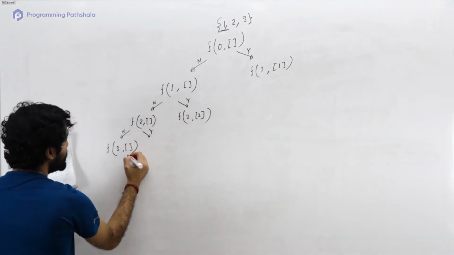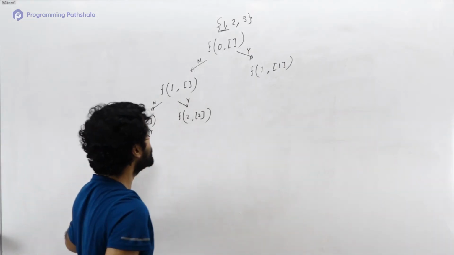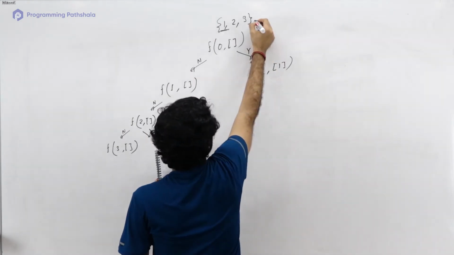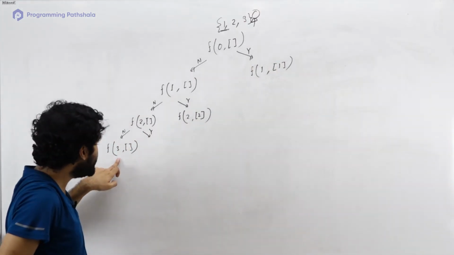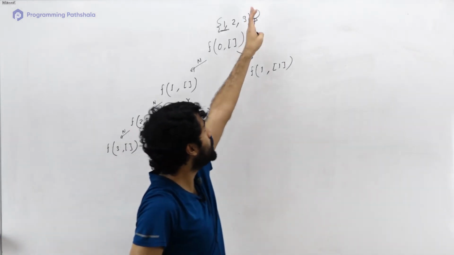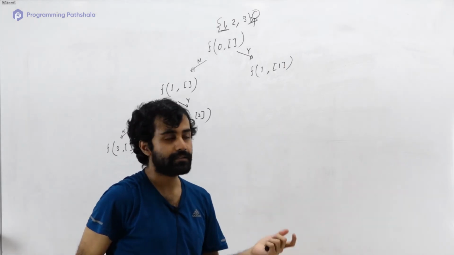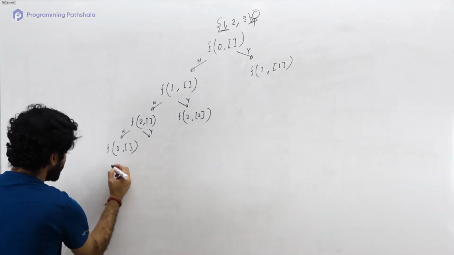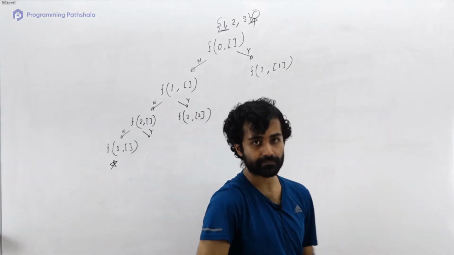And now what is the meaning of 3? This is the index of the array. So 3 means you have hit the end of the array. So the moment you have hit the end of the array, you have got no elements left for which you can make any decision. So basically that marks the end of your recursion. So this is your termination condition, right?